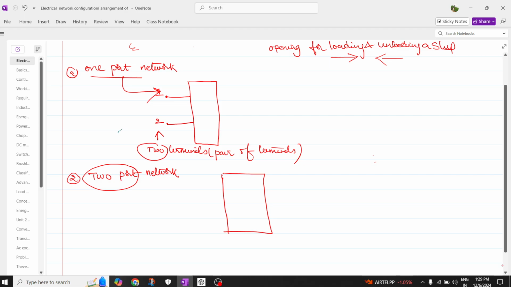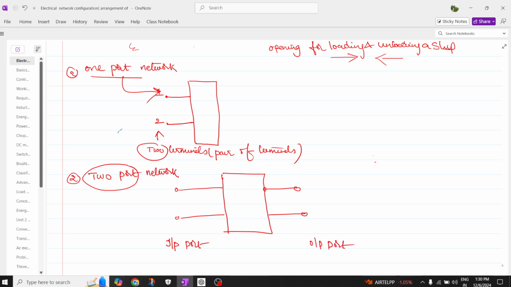The first port is the input port, or it is called the driving source port. This is an input port, this is an output port. This port you are going to call input port, this is called output port, and two ports are there, therefore this is called a two port network.